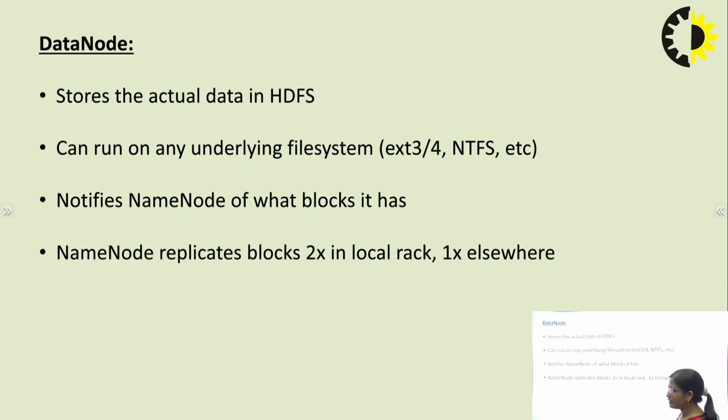That means the data node contains many blocks, so it sends the information about them to the name node. Then the name node replicates blocks 2x in the local rack and 1x elsewhere. That means 2 copies of the same block are stored in a single rack, that is the local rack, and 1 copy in another rack.